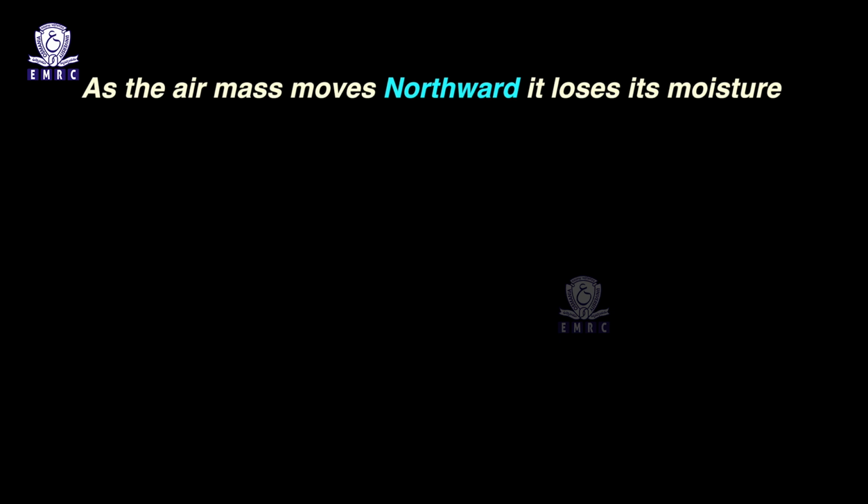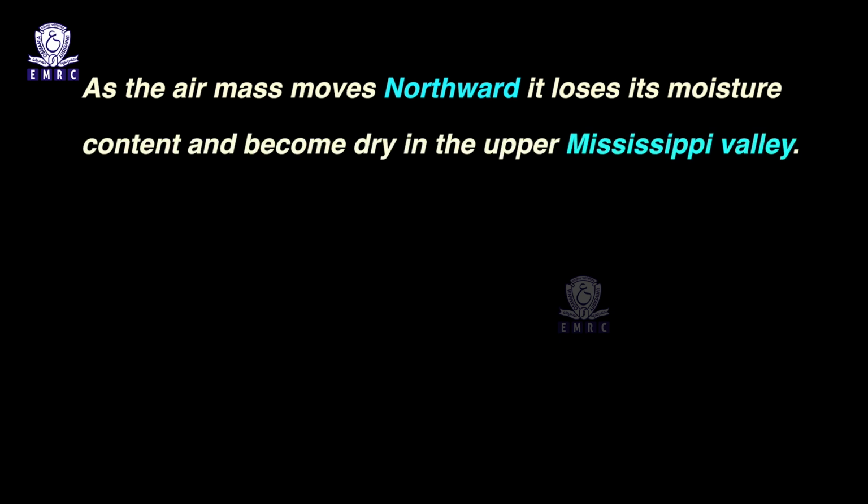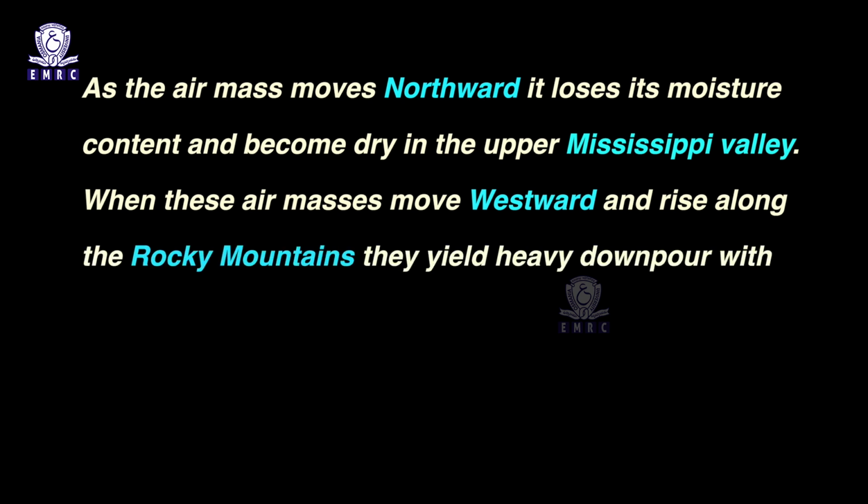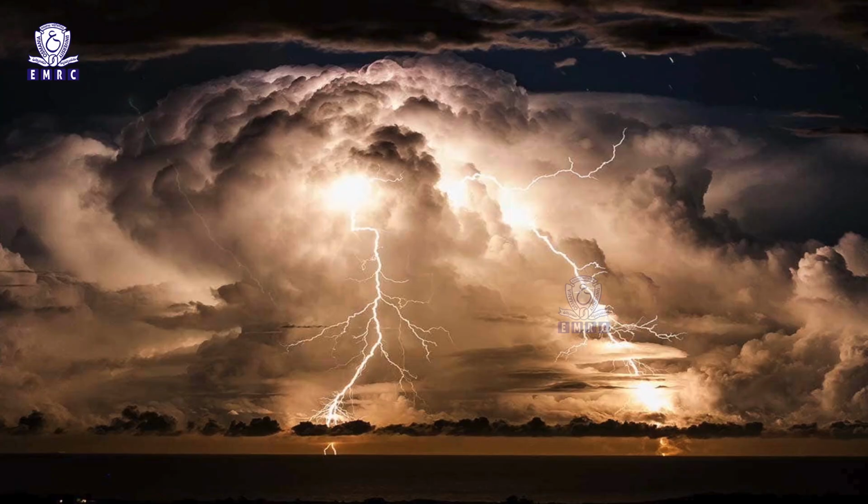As the air mass moves northward, it loses its moisture content and becomes dry in the upper Mississippi Valley. When these air masses move westward and rise along the Rocky Mountains, they yield heavy downpour with cloudburst. Similarly, when they cross over the Appalachians, they give heavy showers through thunderstorms.